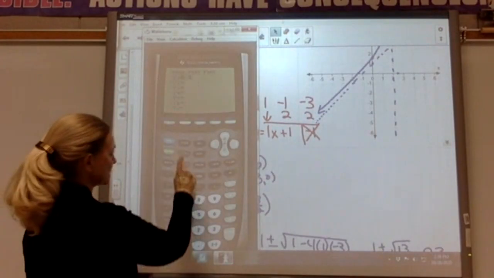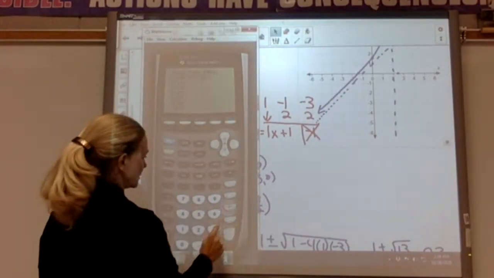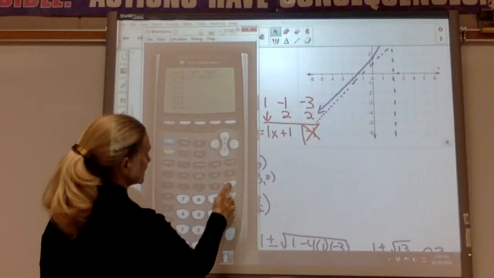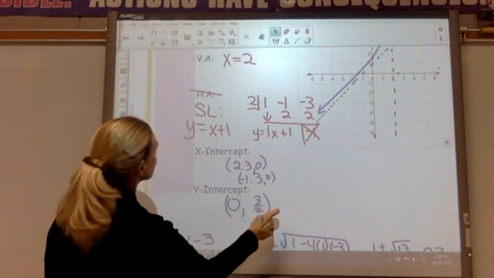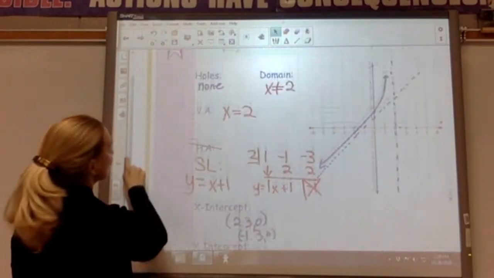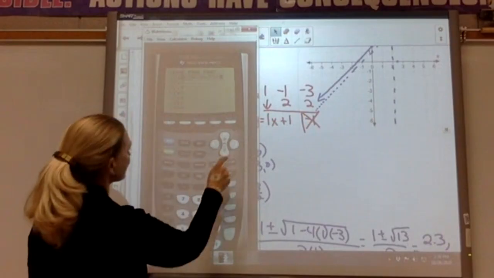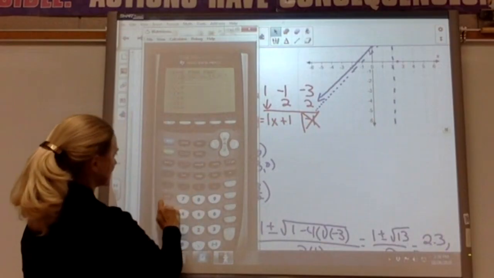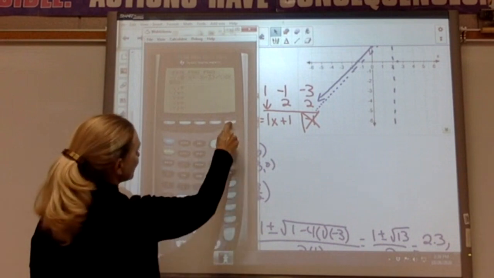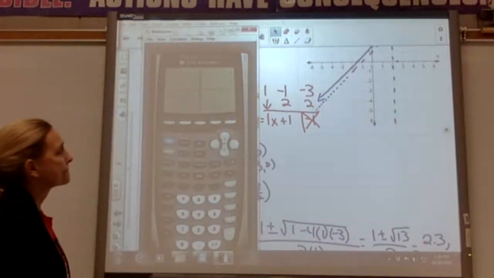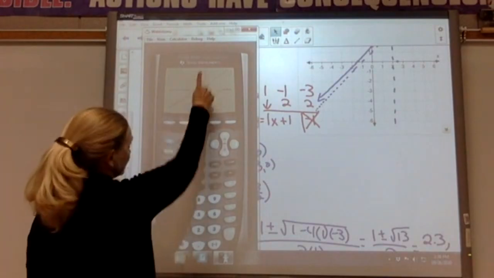I use parentheses, x squared minus x minus 3, and then it's divided by x minus 2. I put that in parentheses, x minus 2, graph. Right? So then I can see my curve.